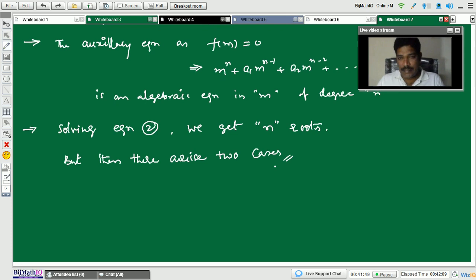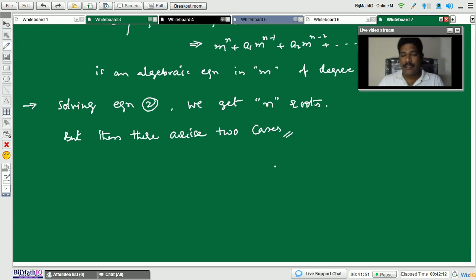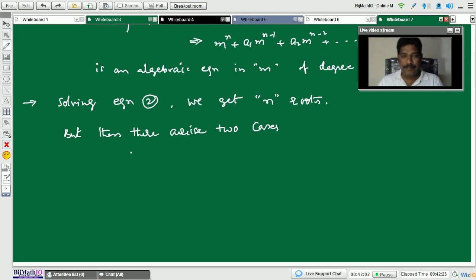Why? Because the 2 cases mean the roots may be real numbers, or the roots may be complex numbers. So there are 2 cases. Case 1 is the roots may be real numbers.